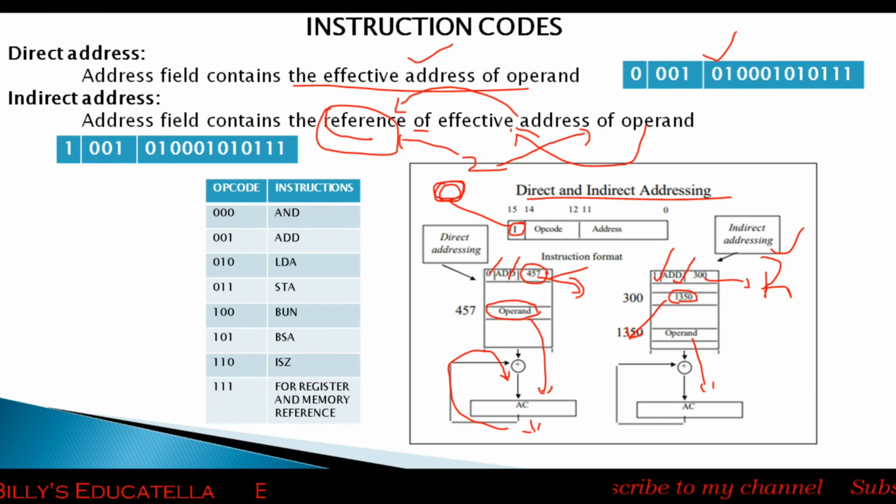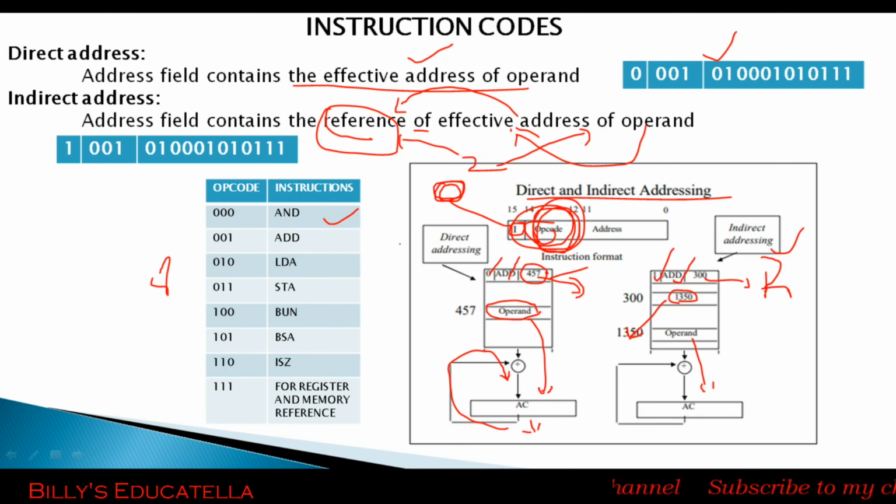There are 8 different types of opcodes. Here, when the value is 0 it performs the AND operation. I am explaining the operations these opcode values perform, and in the next video I would like to discuss the common bus system.